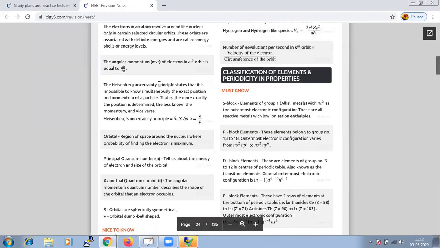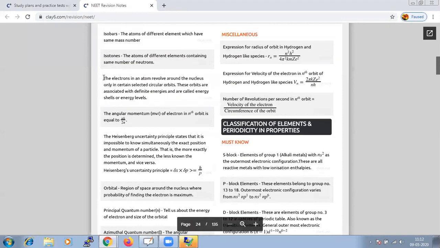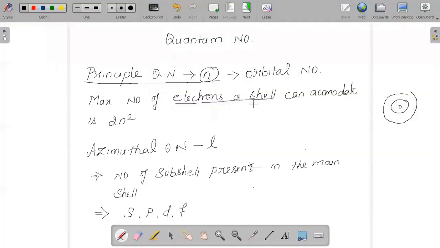I already explained that the electrons in an atom revolve around the nucleus only in certain selected orbits. So each shell should have its own capacity to accommodate electrons, and that formula, 2n square, will help you find out the total number of electrons in each shell.